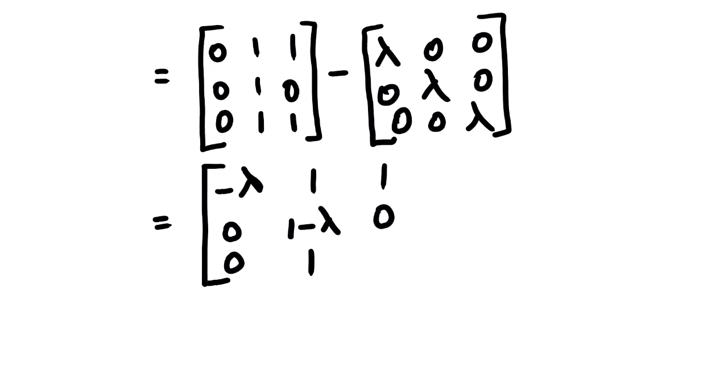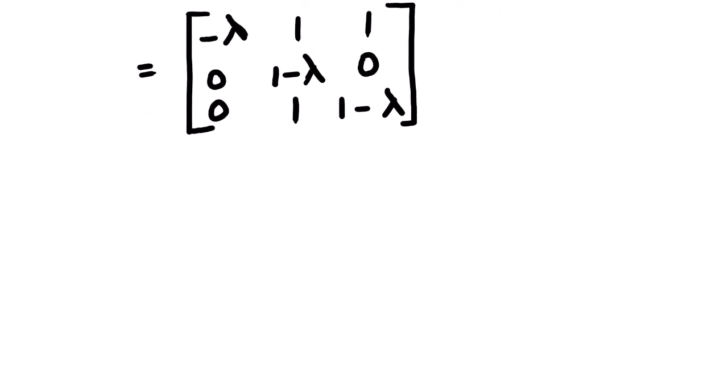And then 1 minus lambda, we are actually here. 1 minus lambda is 1 minus lambda. This is the characteristic matrix, and then we need to find the determinant of our characteristic matrix.